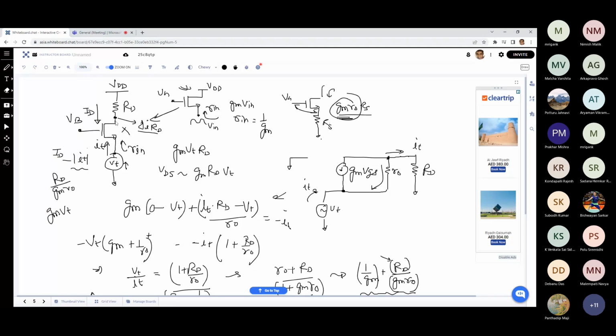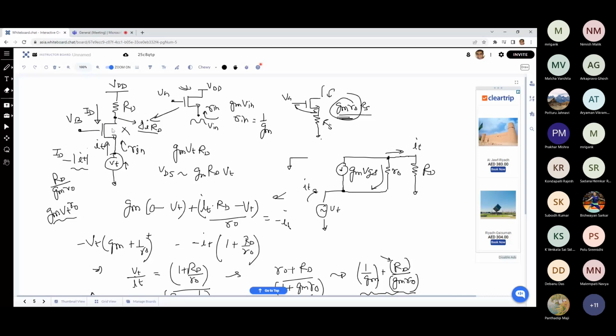That small signal current is going to get multiplied by the intrinsic gain, GMRO, in case RO is significantly lower than RD. In that case, the intrinsic gain becomes almost equal to this. As a result, you are seeing a larger voltage drop across RD as compared to the original case, and therefore the resulting current is also larger.